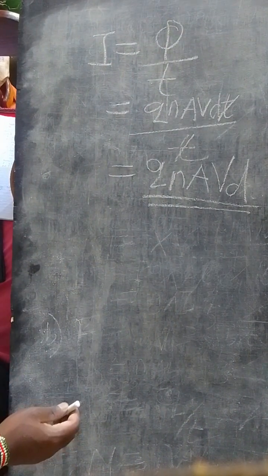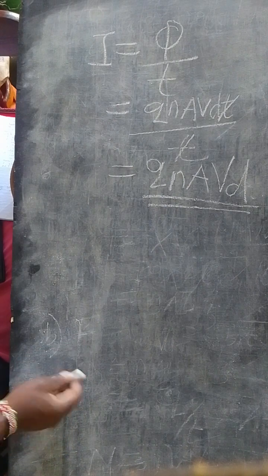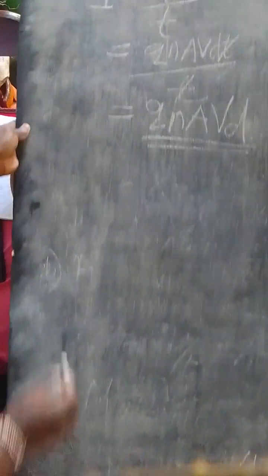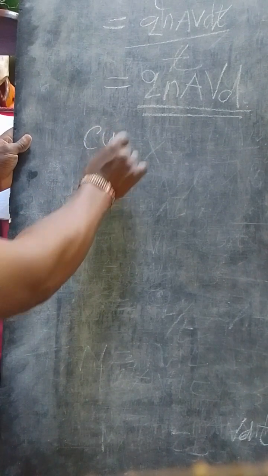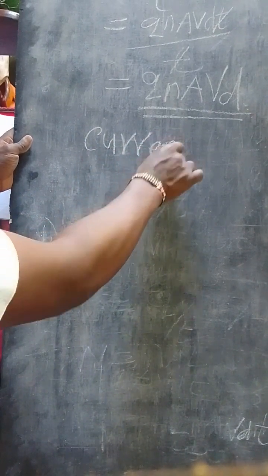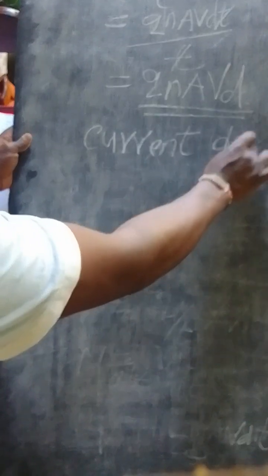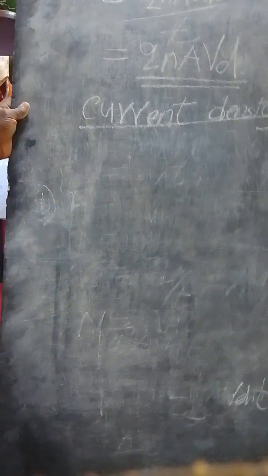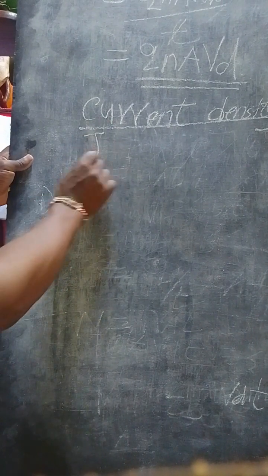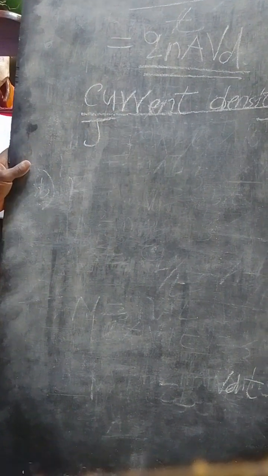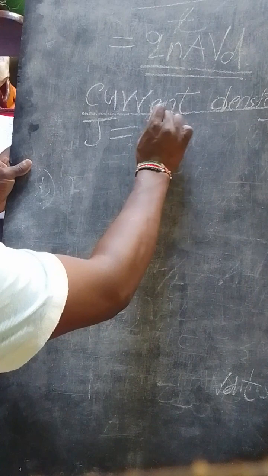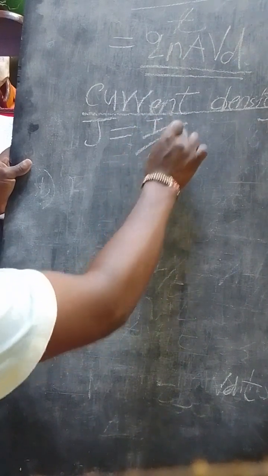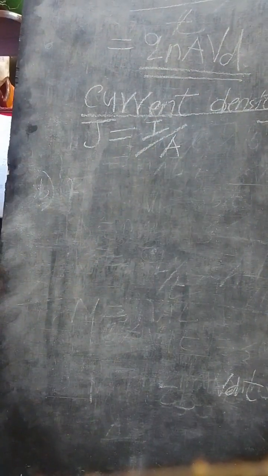Now, what is current density? Let's talk about current density. Current density is normally represented as J. Current density J is equal to the current over area, that is the current per unit area.